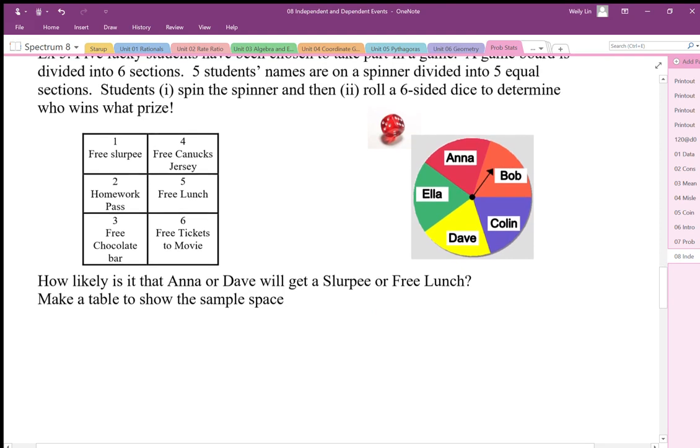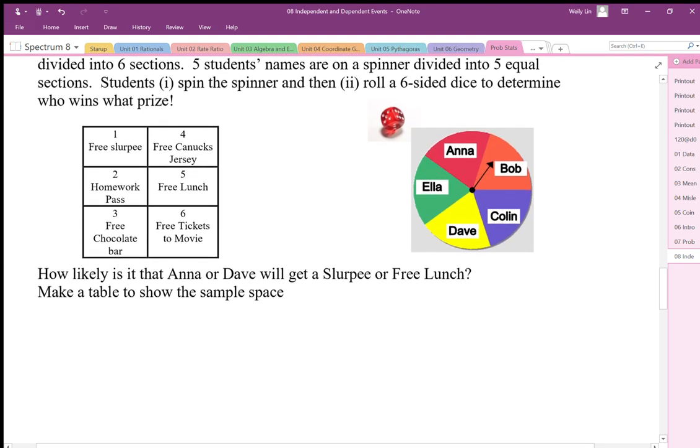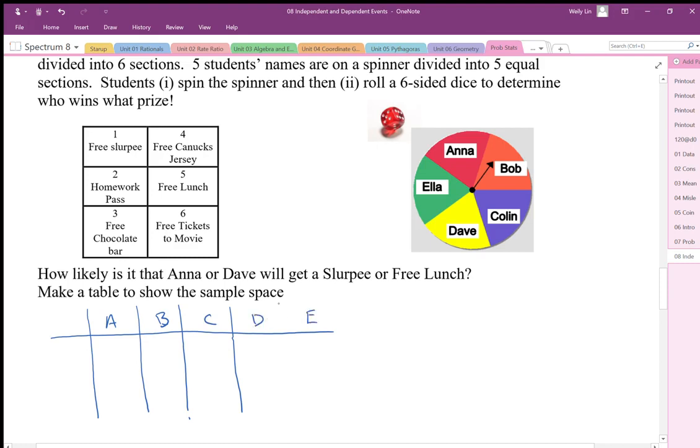Well, let's make a sample. So this again is a 2-event, selecting the person, selecting the prize. So I'm going to make a table here. Anna, Bob, Colin, Dave, and Ella.